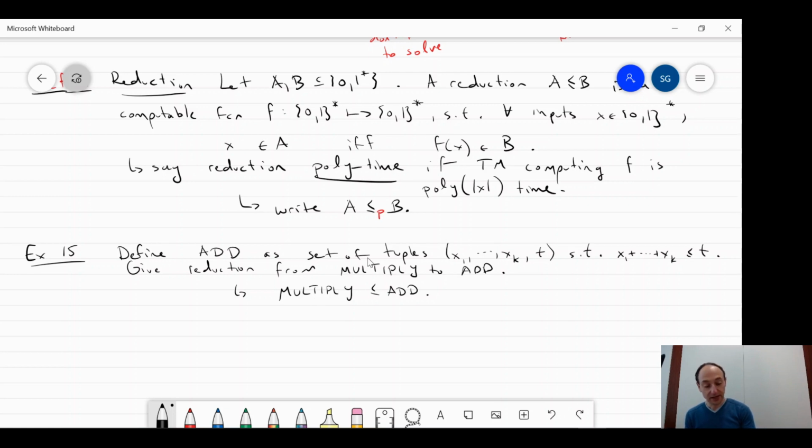And one of the reasons why I like this exercise is because once you formalize these tuples and the sizes that they're going to have when you go through the reduction, the question is, is it a polynomial time reduction? So I'm going to put a question mark here. Certainly there is a reduction. You've known this forever. But I want you to think about whether that reduction is actually a polynomial time reduction.